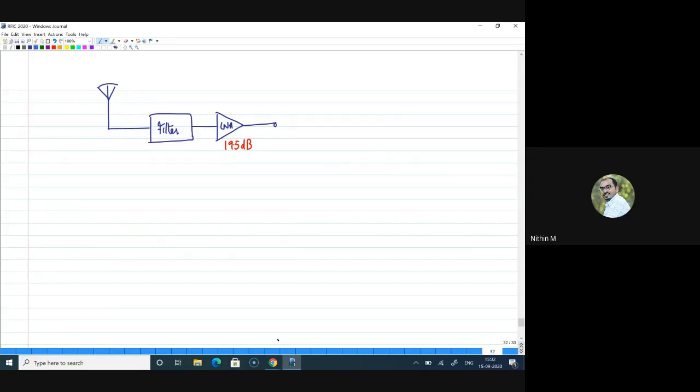Now if you look at the input side, you have two signals here. One is at omega 1, another one is at omega 2. This is 1 millivolt, this is 2 volts, where this is A1 and this is A2.